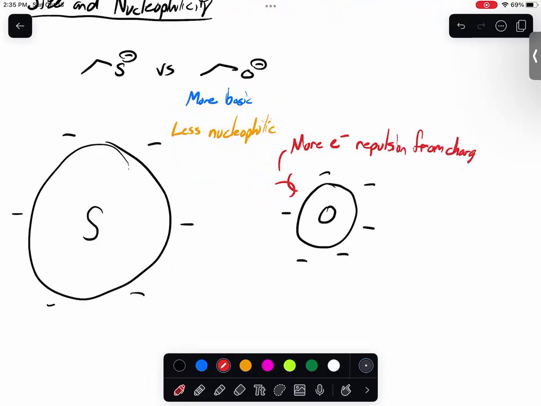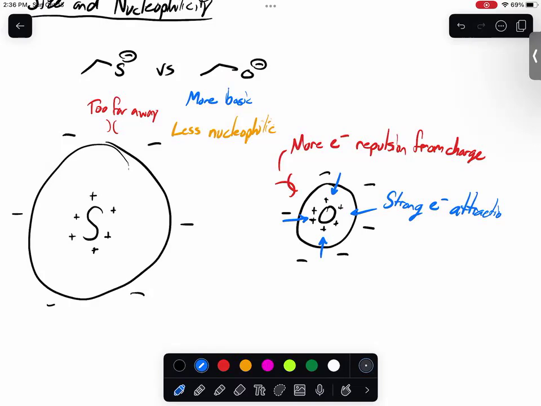Versus on the sulfur, they're kind of too far away, right? But there's another thing that is happening here, it has to do with electronics that matters a lot. And that is, remember that the nucleus is also positively charged for both of these, right? And when this nucleus is positively charged, it's pulling those negatively charged electrons towards it, right? So it's a strong electron attraction to the positively charged nucleus.